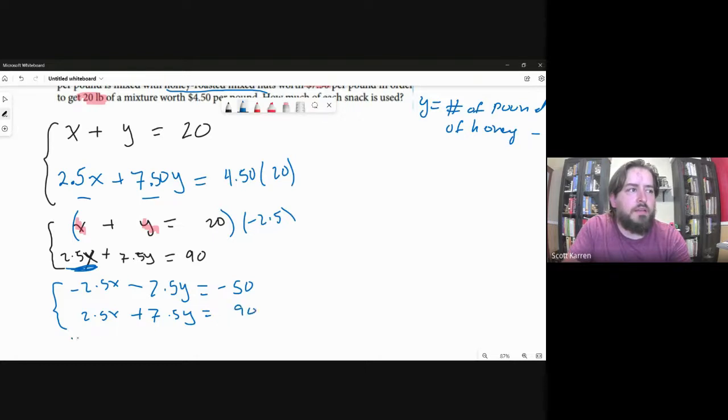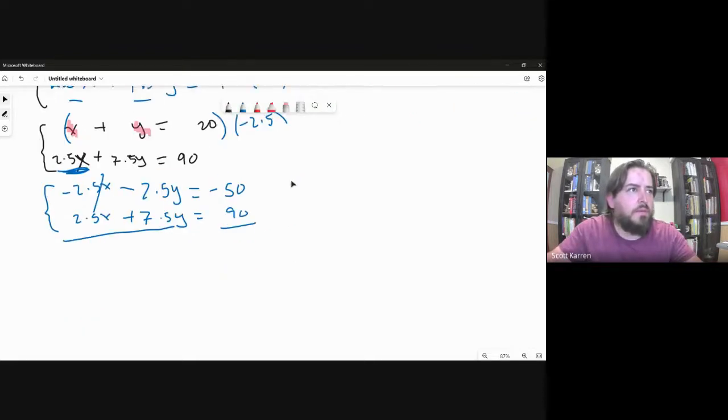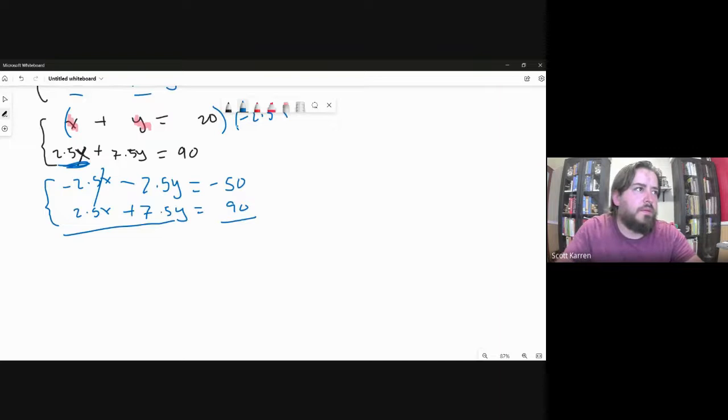And I'll combine left and right. So the x's are gone. But that leaves me with negative 2.5y plus 7.5y. That's 5y. Negative 50 plus 90. And then pretty quickly, I've already got half my answer.